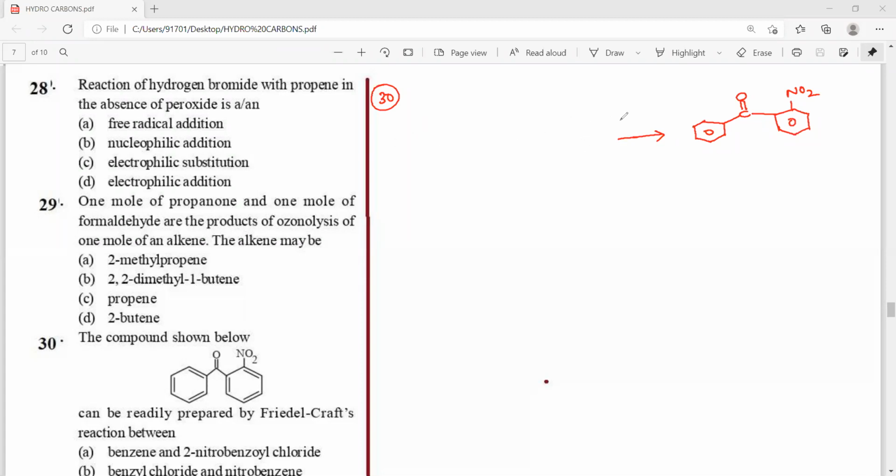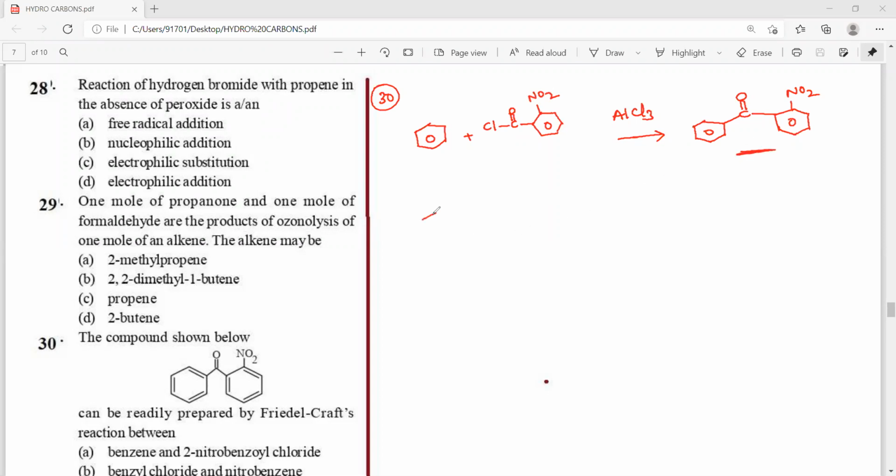So how will it form in the presence of AlCl3? We need to identify the reactants. The reactants should be benzene reacting with a benzoyl chloride derivative, and at the ortho position an NO2 substituent is present. Then this reaction is possible.